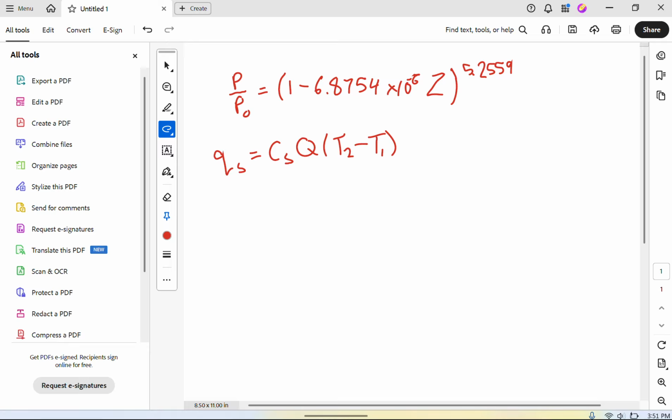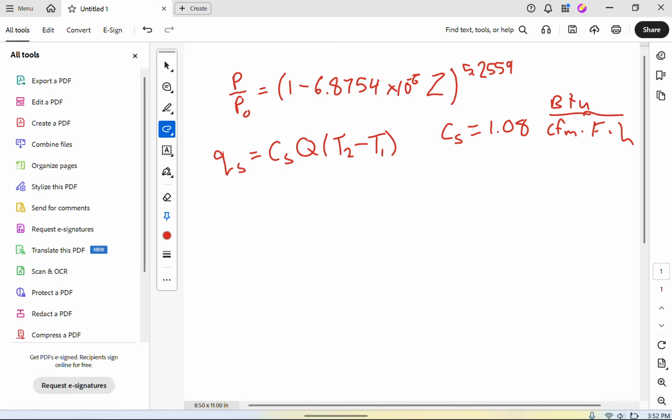So for example, if we're looking at an airflow, we can determine the sensible heat gained or lost by taking this equation and measuring our leaving air state and our entering air state. So the only things we would need to know are the airflow, Q, and the sensible heat constant. Now, since this is a constant, we always know this. CS is equal to approximately 1.08.